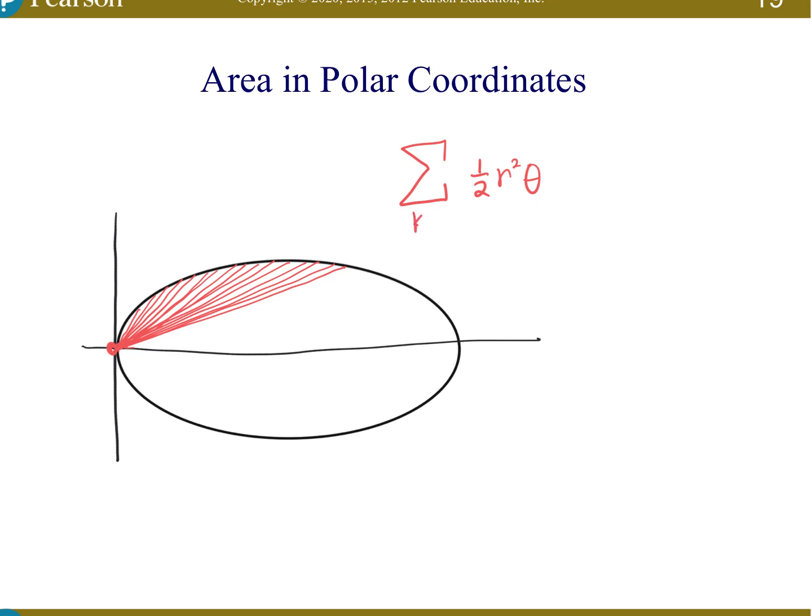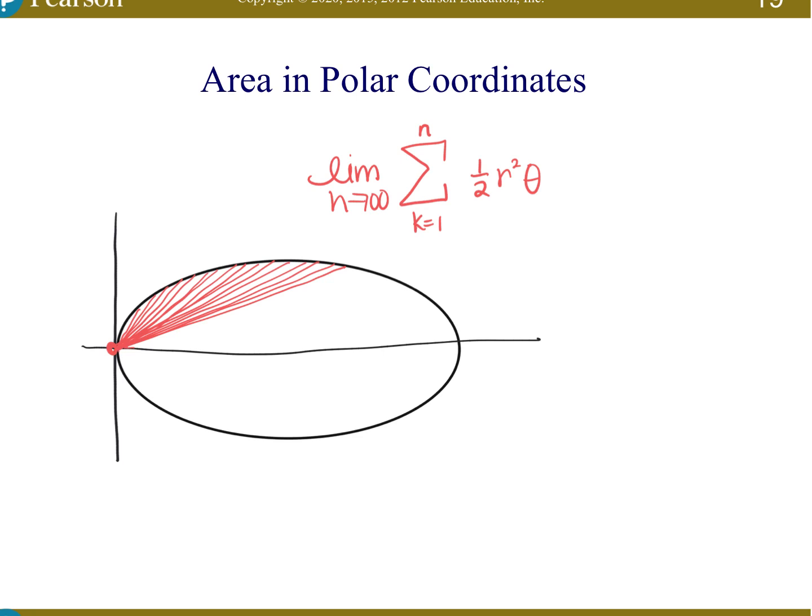The number of sectors we have starts with the first sector, and we go to the last sector. And ideally, how many sectors do we have in an ideal world? Infinite. So we indicate that as the limit as n approaches infinity.